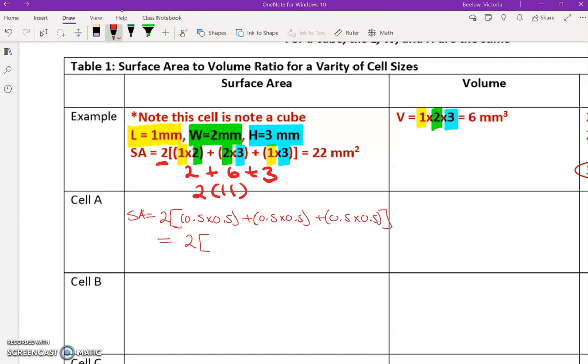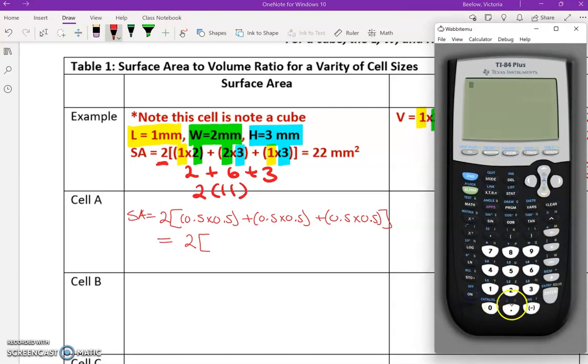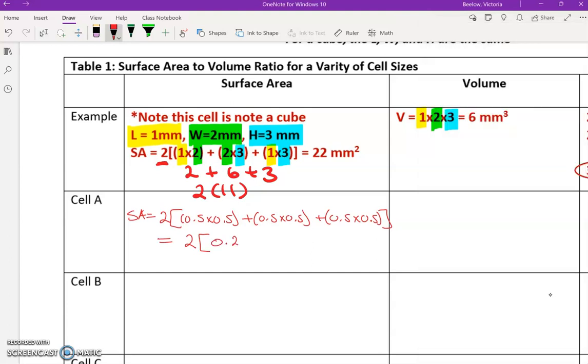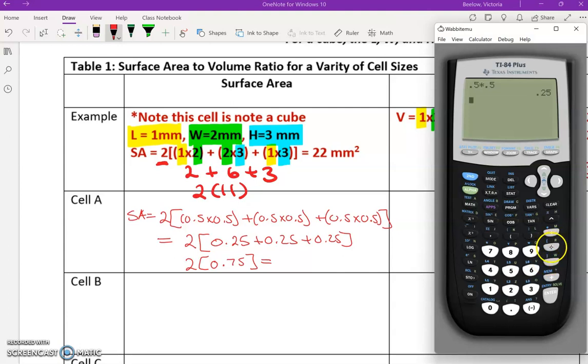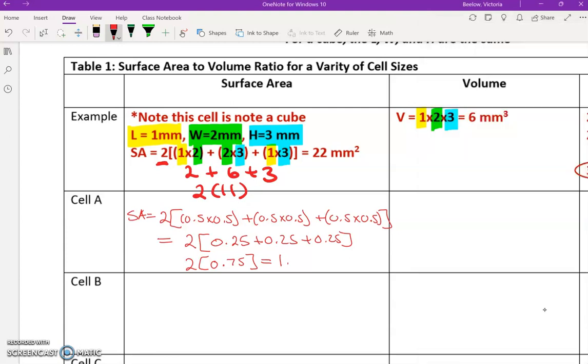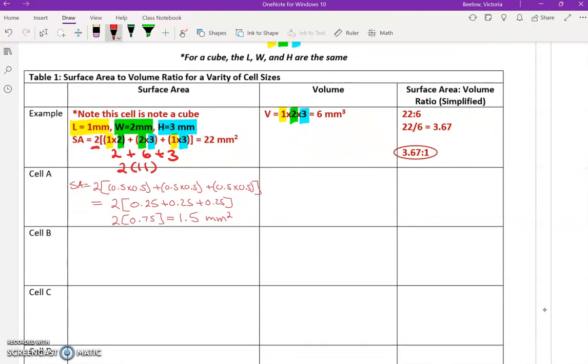So if we do 0.5 times 0.5, we're going to get 0.25. So 0.25 plus 0.25 plus 0.25. So this would be 2 times 0.75. So 2 times 0.75 is 1.5. So this is our surface area.